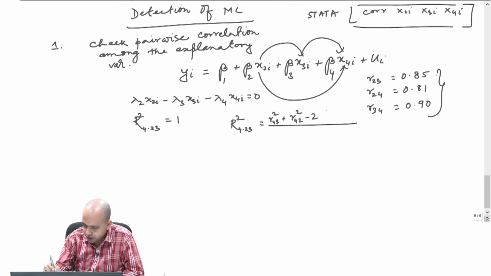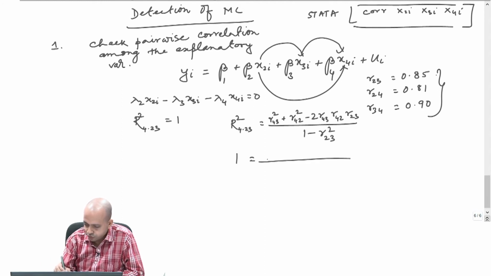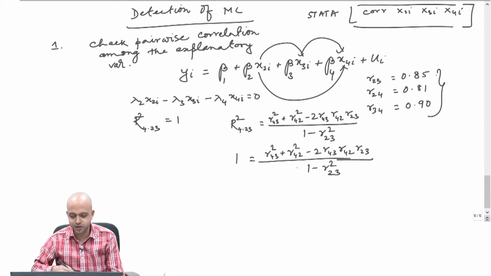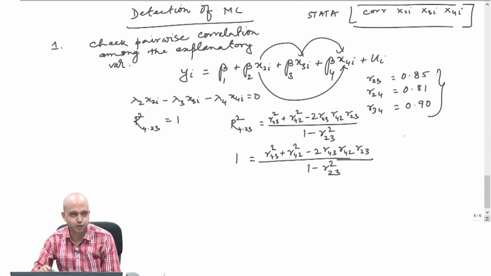Sorry, this is not r square, this is r43, then r42, then r23. Substituting 1 here, we get r square 43 plus r square 42 minus 2 r43 r42 r23 equals 1 minus r square 23, where r indicates the partial correlation coefficient.